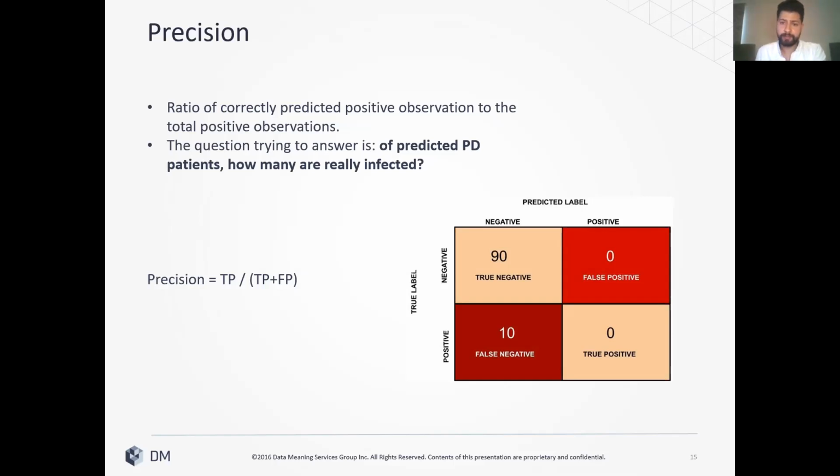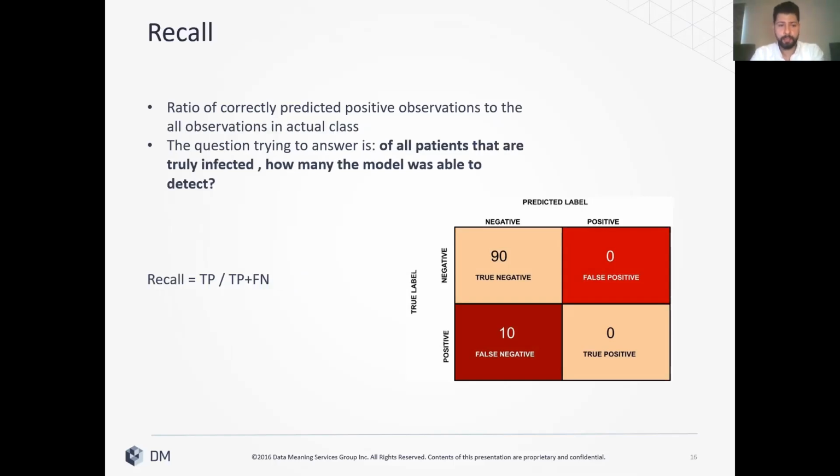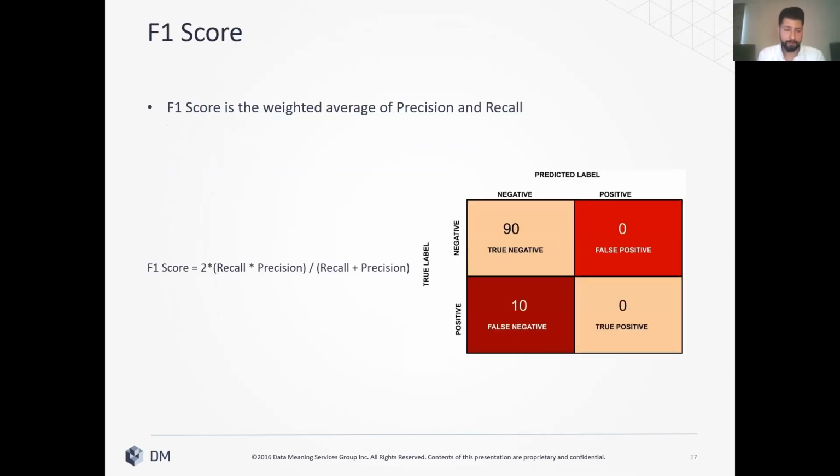The other evaluation metric, the recall, is more sensitive. It answers: out of all patients that were truly infected, how many was the model able to detect? So it evaluates the true positive predictions compared to the true positives and the false negatives. And between the recall and the precision, we have this last evaluation metric, the F1 score, which is the weighted average between those two metrics.